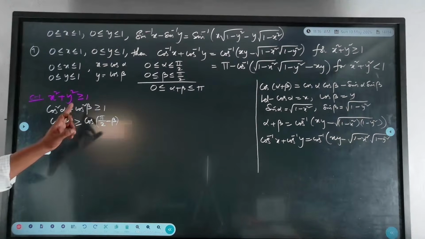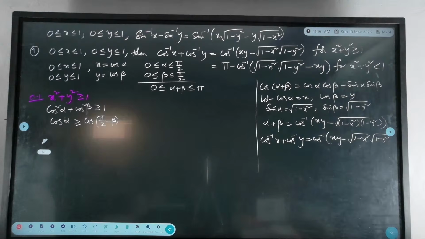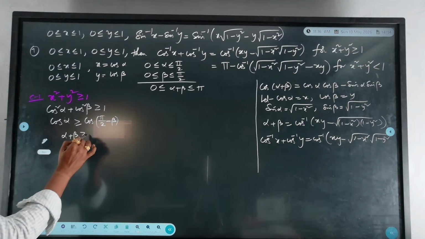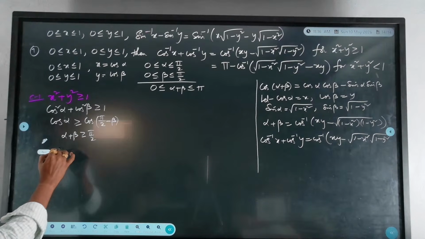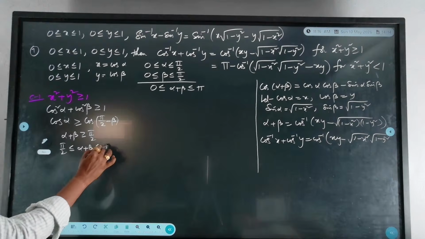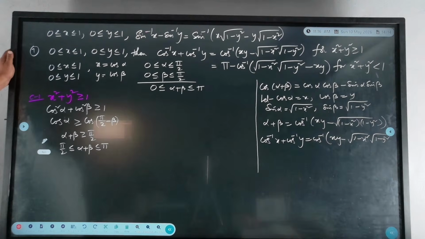Look at the direct way: 1 minus cos square is sin square, the square root cancels, and sin is nothing but cos. So alpha plus beta is greater than or equal to pi by 2. So pi by 2 is less than or equal to alpha plus beta less than or equal to pi.